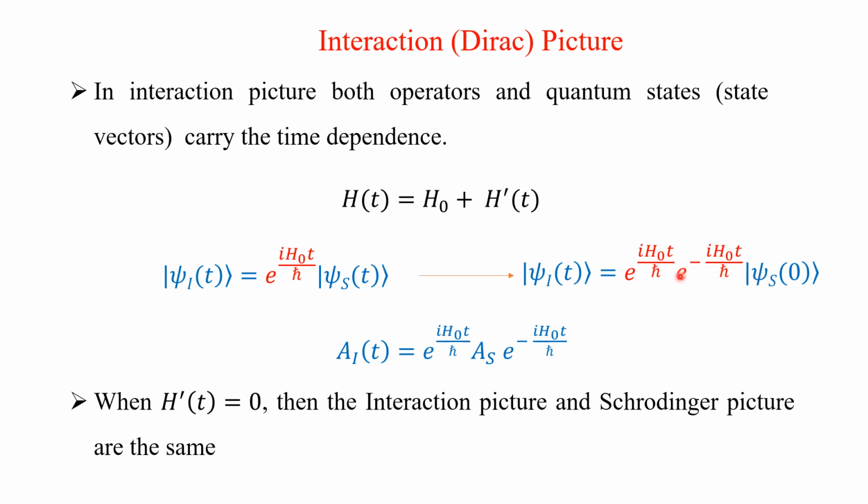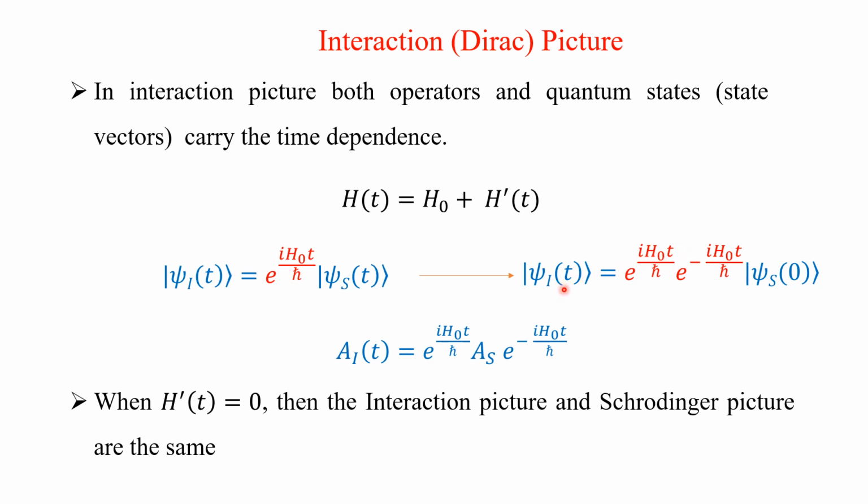So here the time evolution operator is e power minus i H naught t over h cross. When this time evolution operator acts on the wave function psi s, it will be psi s of t. This exponent U dagger is a unitary operator.